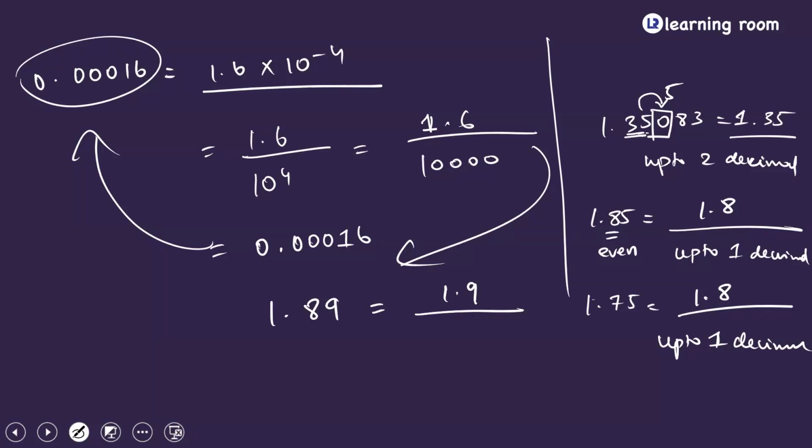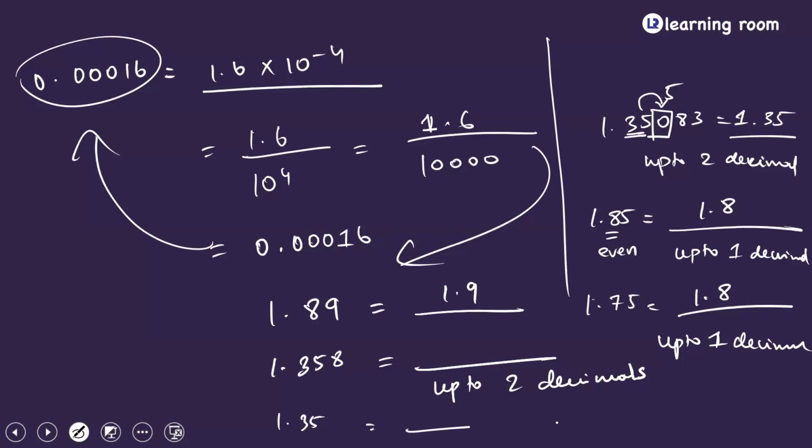Done? So now I'll give you a few more questions. For example, if you need to round off to one decimal point, and the number next to the point that we are rounding off is odd, in that case, we ignore that number and go to the preceding number and add 1.